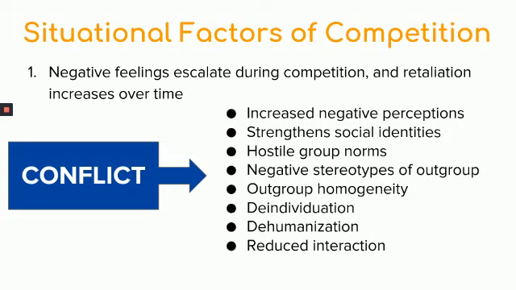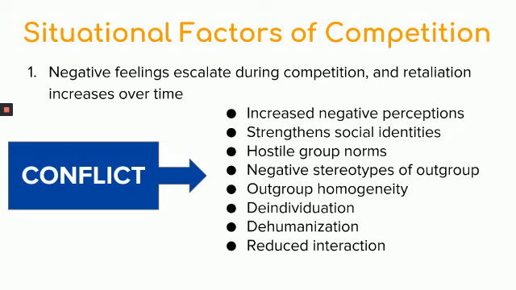Strengthens social identity, so I'm sort of saying that there were quote-unquote positive and negative effects. So one of the things is that your identity in your group that is in conflict with another group will become stronger.